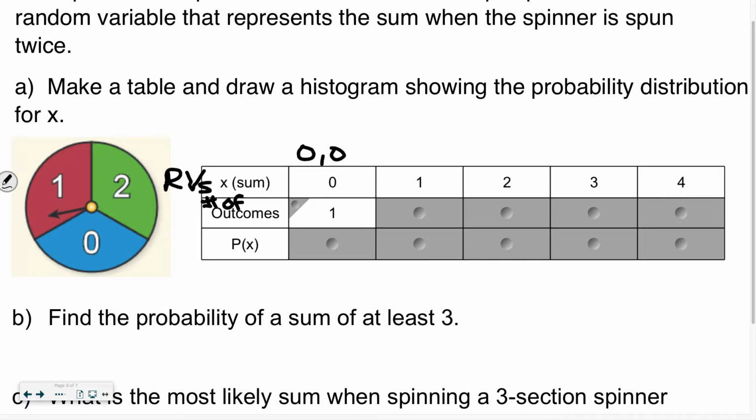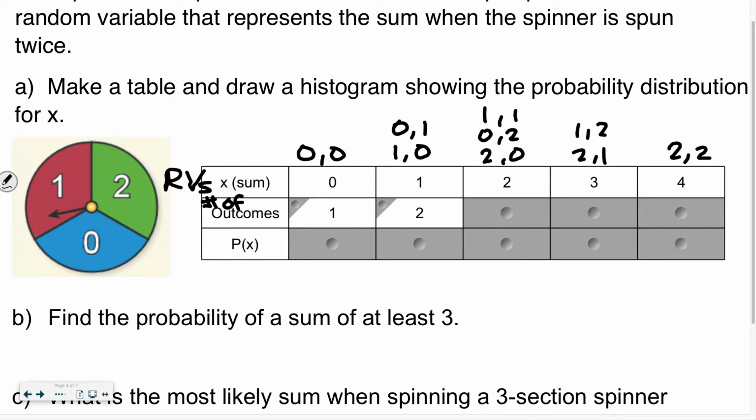I could get a 0 and a 1 or a 1 and a 0. Okay, so there's 2 outcomes there. What about getting a sum of 2? 1, 1. 2, 0. 0, 2. Actually, 1, 1 is the same, right? So there's 3. Okay, and then here we would have 1 and 2, 2 and 1, and then just 2 and 2. Okay. So you just have to think about all the different ways that you can get that sum.